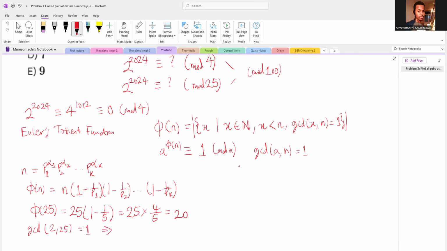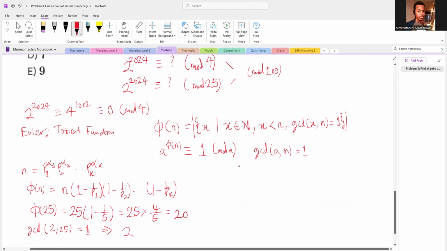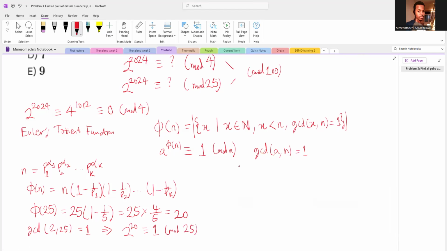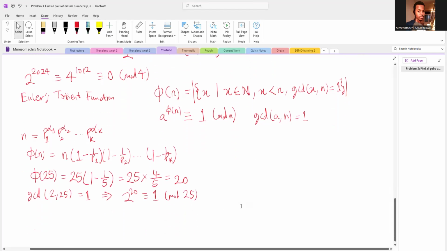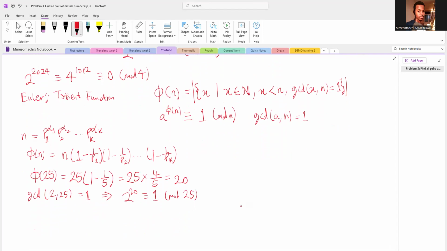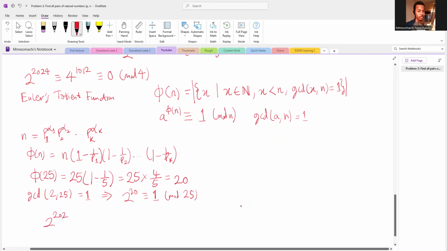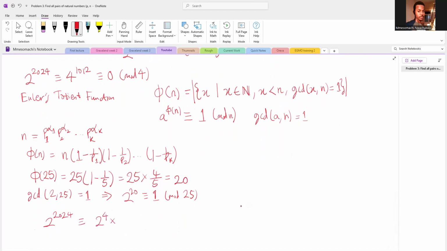So we can conclude that 2 to the power of 20 is congruent to 1 mod 25. Then 2 to the power of 2024 is congruent to 2 to the power of 4 times 2 to the power of 2020, which is congruent to 2 to the power of 4, so I can just put 16 here.